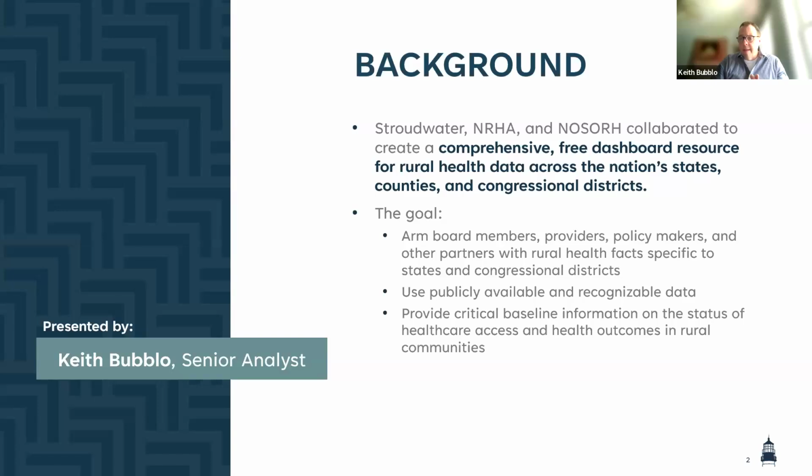And then we used the United States Census for congressional district boundaries. This is initially based on the NRHA's pillars that they came out with a few years ago at one of the conferences, which were looking at infrastructure, workforce, and health equity and access. Since then, we've expanded those to include some more measures that we think are important for rural providers and rural advocates.